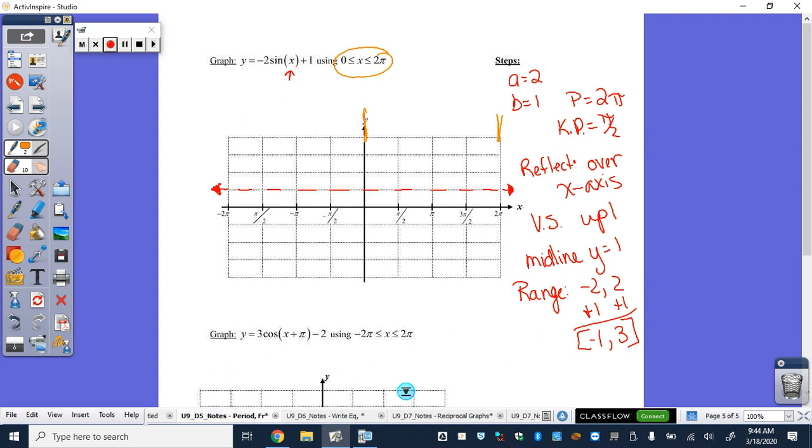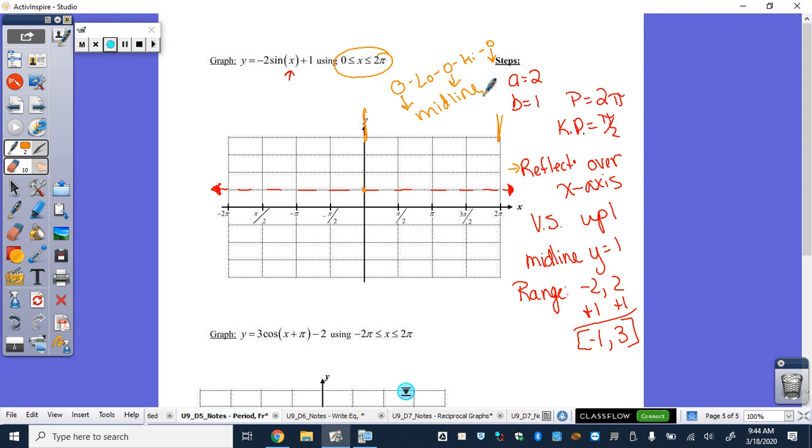So because we have the reflect, that means my pattern is going to be 0, low, 0, high, 0. It's going to flip. So because the midline shifted, our zeros here mean the midline. The midline is viewed as being your 0 at this point in time.